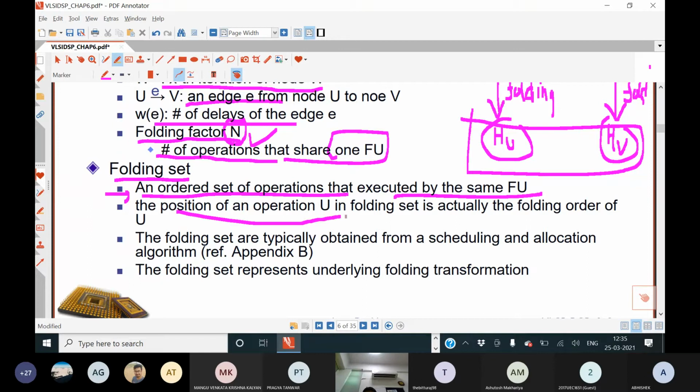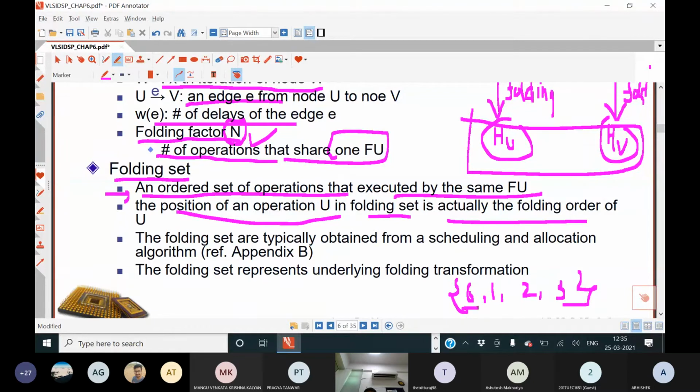The position of an operation in a folding set is actually the folding order. It is ultimately defined in some sort of curly bracket, where you will define, let's say, 0, 1, 2, 3. So this is one order.